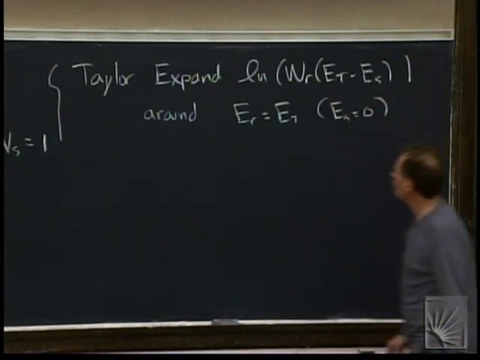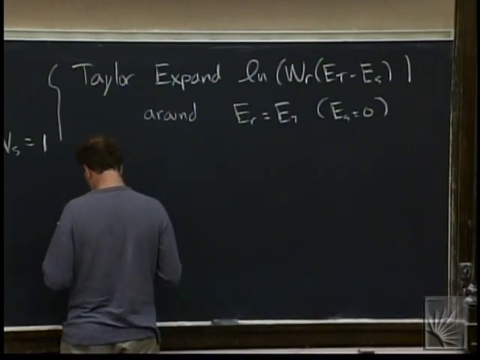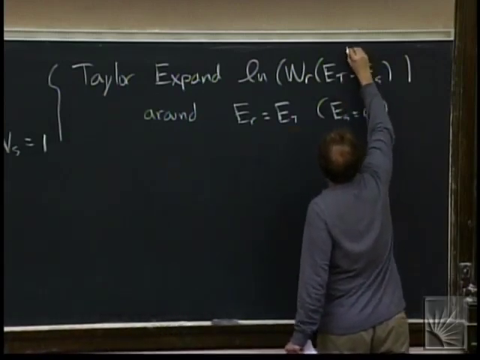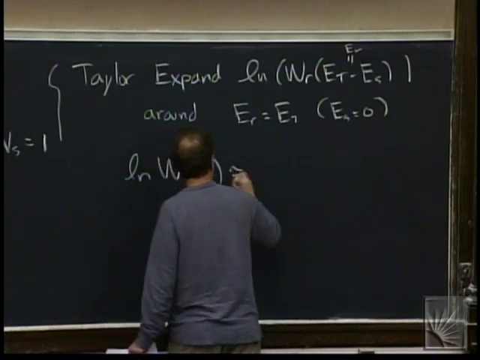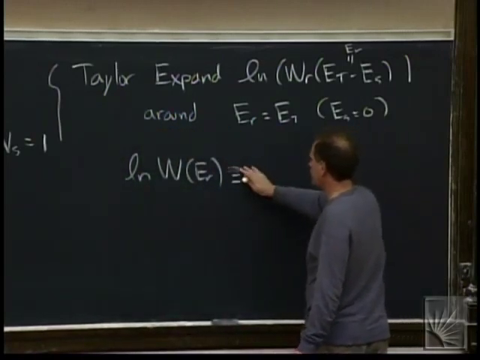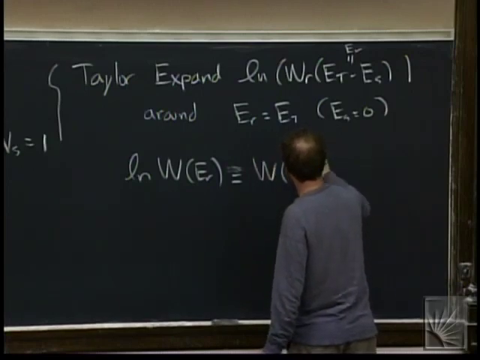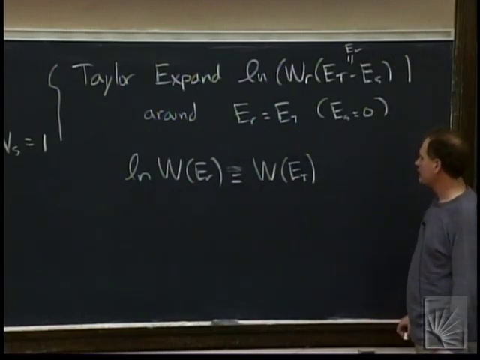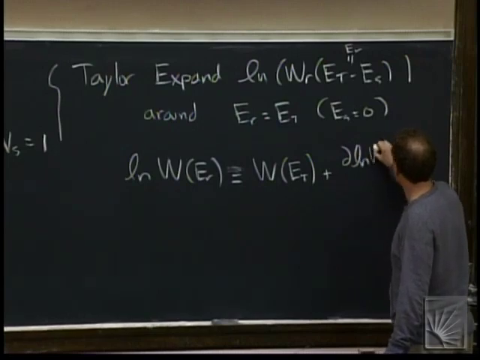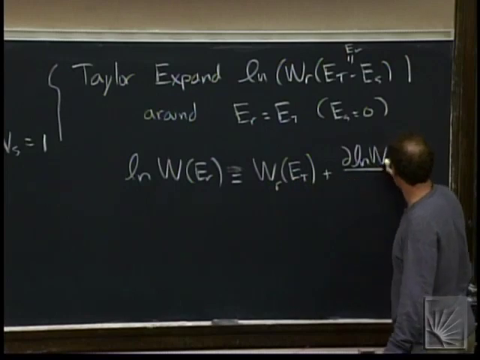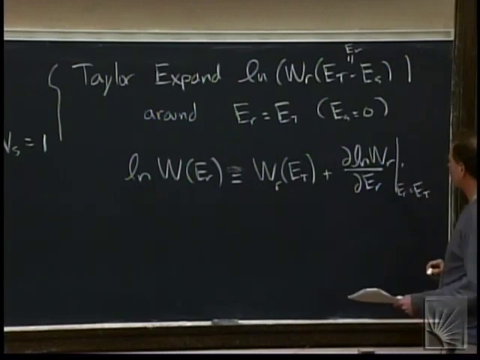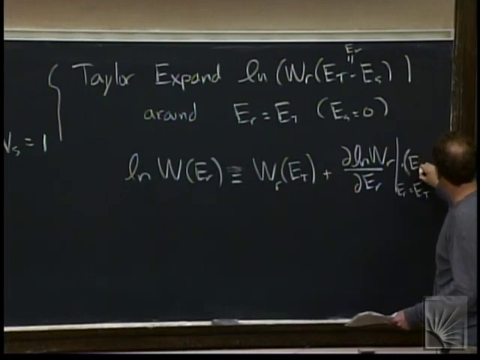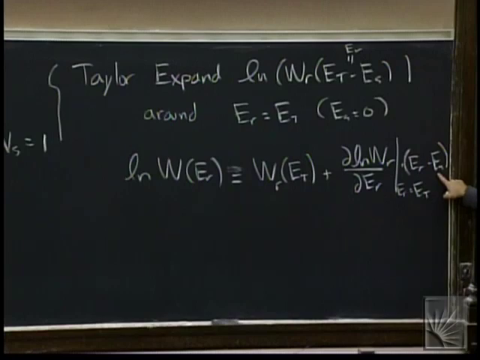Okay? So I'll write, because this is just E_R, that the natural log of W of E_R is approximately equal, well actually it's exactly equal to, the log of W at E_R equals E_T, plus d natural log W, this is W of the reservoir, dE of the reservoir, evaluated when E reservoir equals E_T, times E_R minus the expansion point.